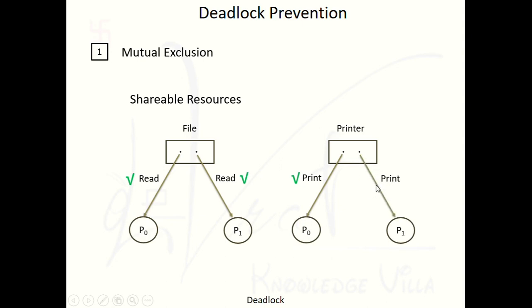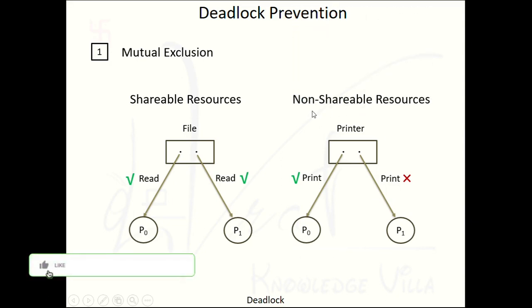At this moment we will not be able to allocate the printer at the same time. At the same time we can allocate shareable resources, but we can't allocate non-shareable resources. So in terms of non-shareable resources, it is not possible to violate the mutual exclusion.